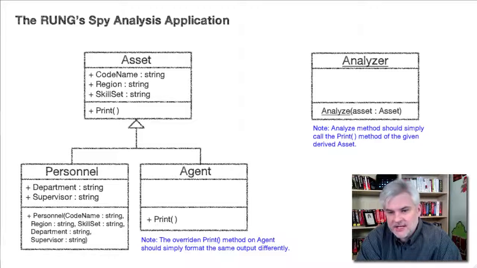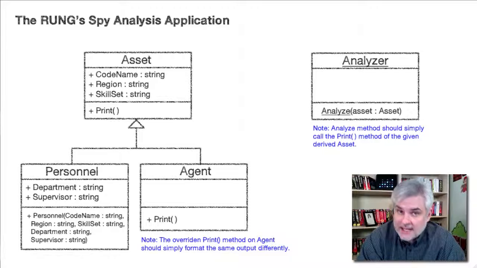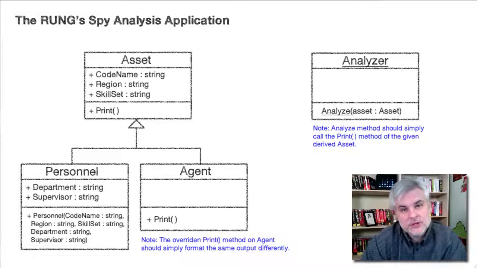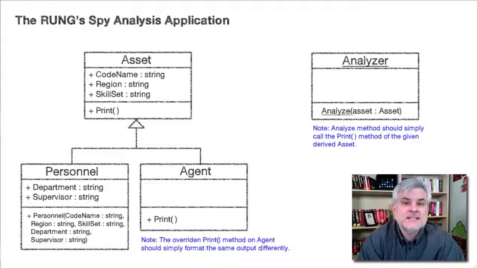Then on the other side here, we have this analyzer class, which is static because we see the underlines, right? The class is static, and the analyzer has a static method called analyze. And so what you can do is pass in an instance of any class that is of type asset. And so that means you should be able to pass in both personnel and agent to this method.